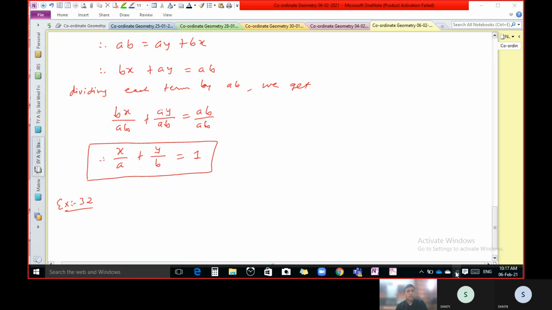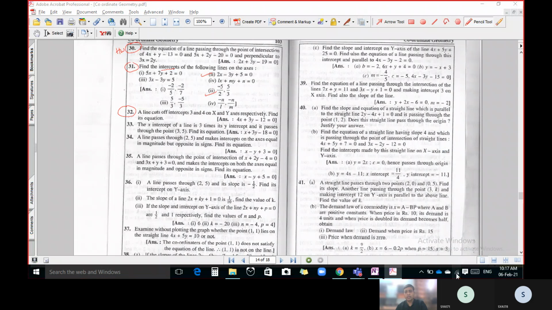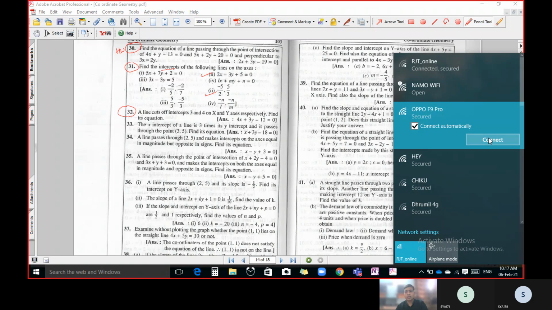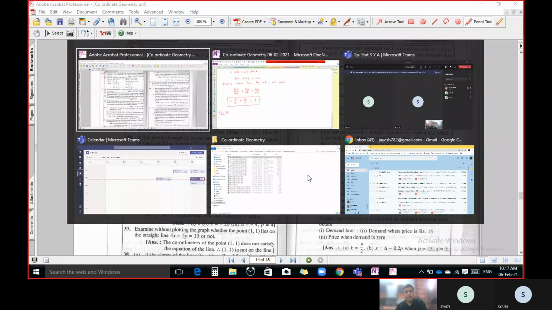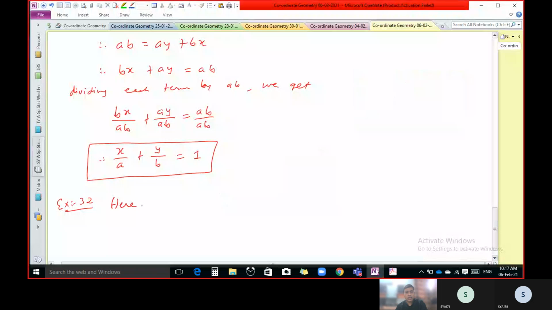See the question. A line cuts off intercepts 3 and 4 on the x and y axis respectively. Find the equation. So see how to find the equation. The intercepts on the axes are 3 and 4, so a equal to 3 and b equal to 4.